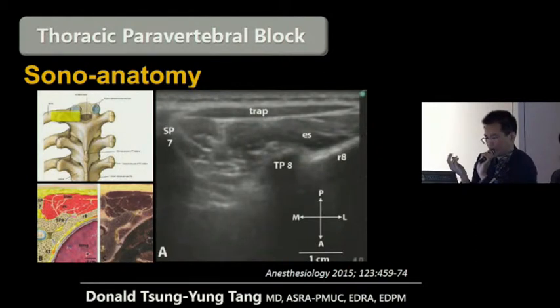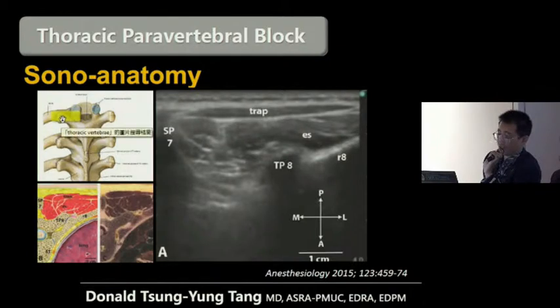The first step, we can see around here, the costotransverse joint. The rib connects with the transverse process, and there is no space below these two structures because of the acoustic shadow.